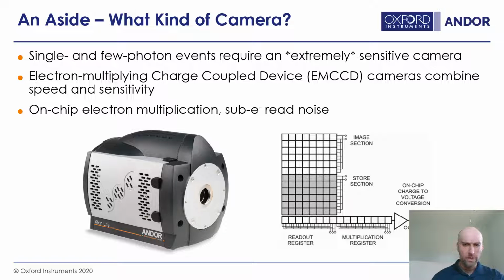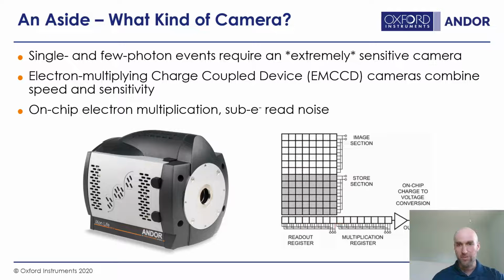So what these cameras do, and this is different than a conventional CCD, is that there is an additional set of registers here. So you absorb light here in the imaging section, it gets converted to electrons, or it excites electrons that get stuck in these pixels, gets shifted down, and then gets sent down these readout registers to a multiplication register.